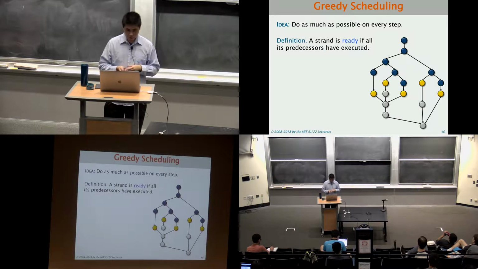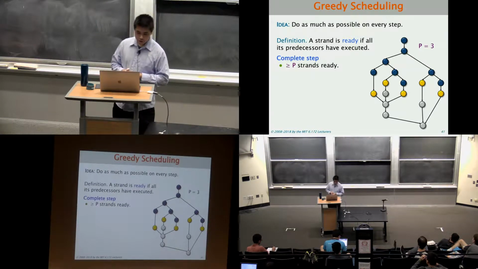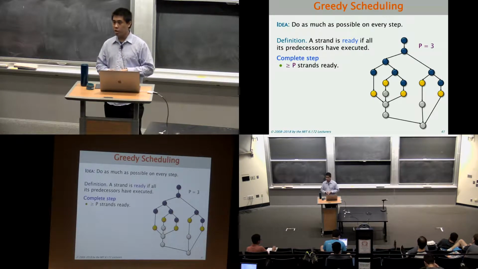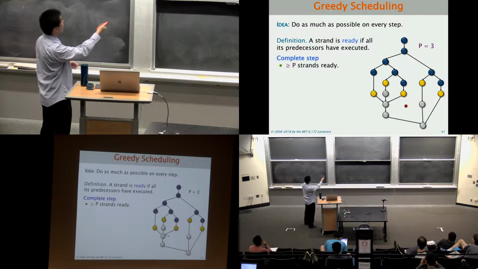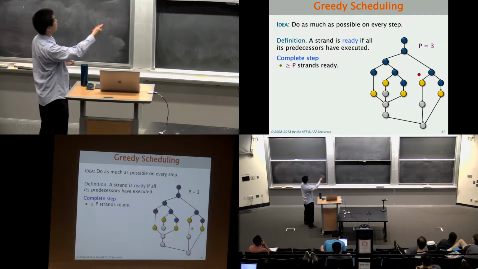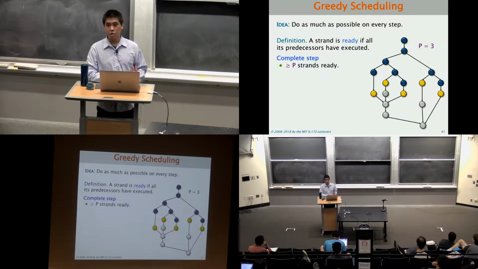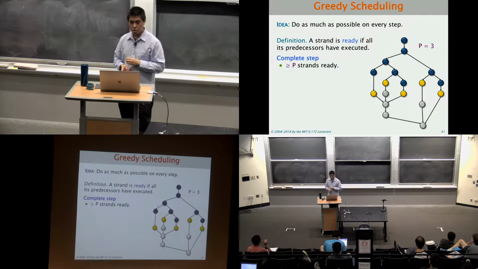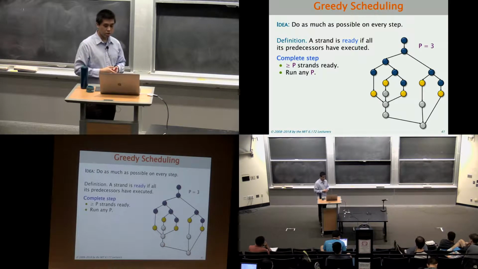There are two types of steps in a greedy scheduler. The first kind of step is called a complete step. In a complete step, we have at least p strands ready. If p is equal to 3, then we have a complete step now because we have 5 strands ready, which is greater than 3. So what would a greedy scheduler do in a complete step? Yeah, it would just do as much as it can. It would run any 3 of these, or any p in general.